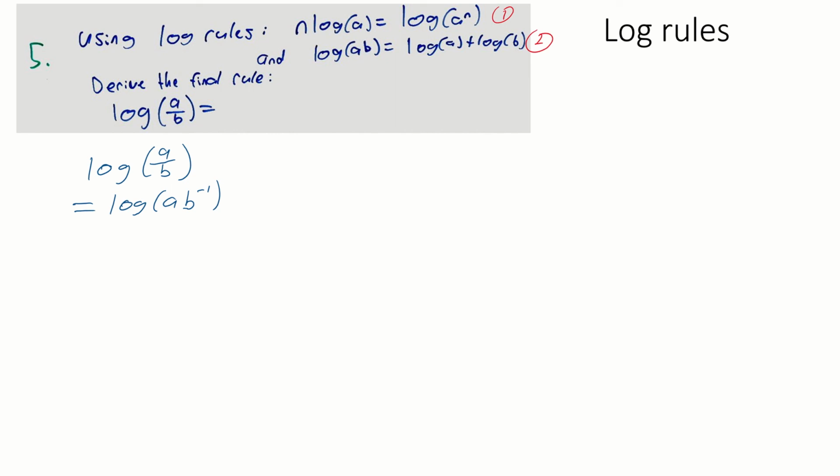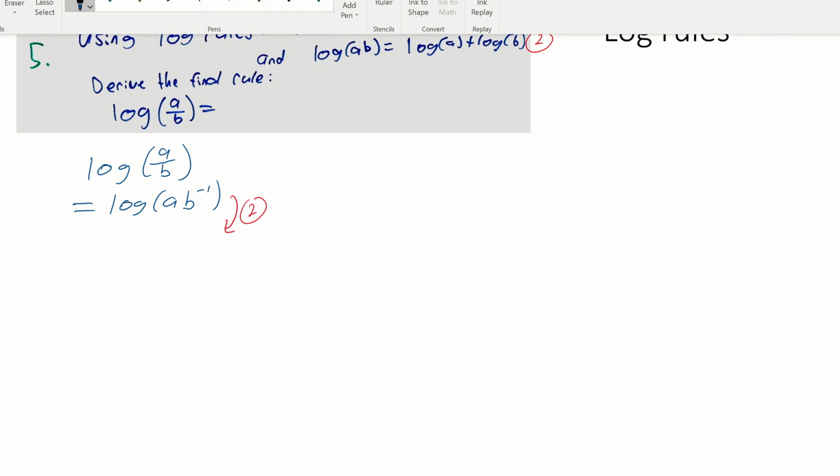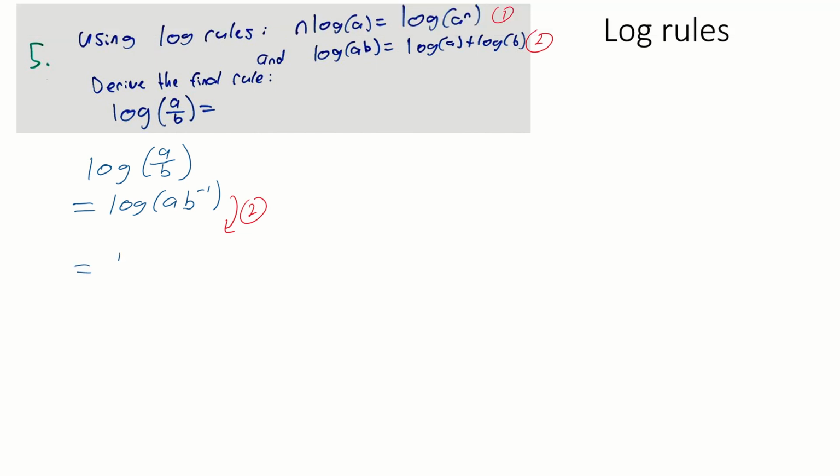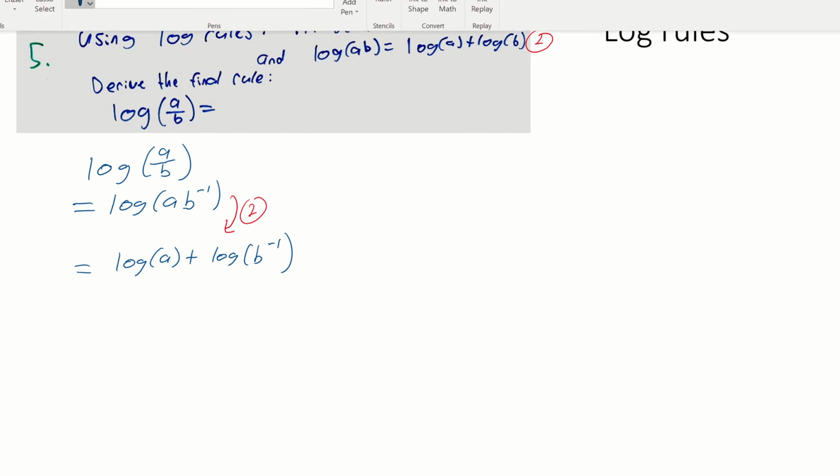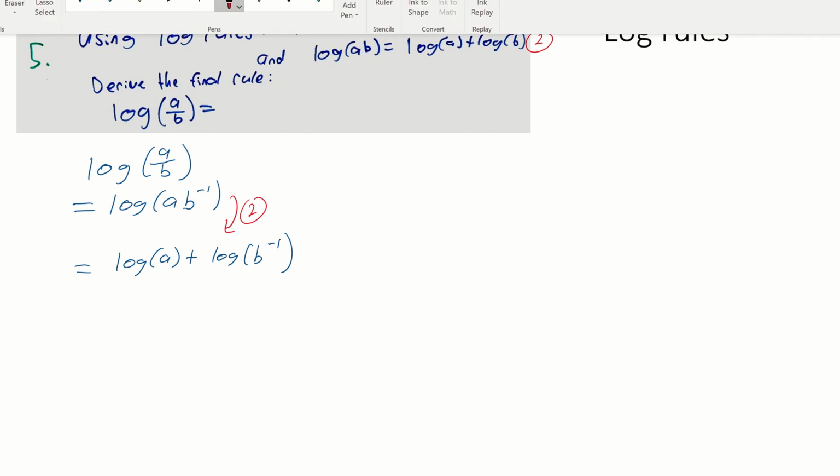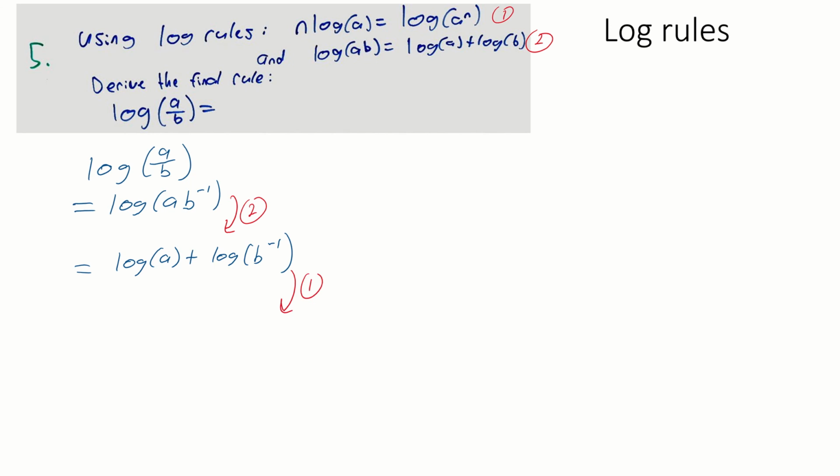So why don't we use log rule 1? We've got log of 2 things multiplied together, so we can turn it into log of a plus log of b to the negative 1. Now what can we do next? Why don't we apply the second log rule to log of b to the negative 1. So I'll leave log of a alone.